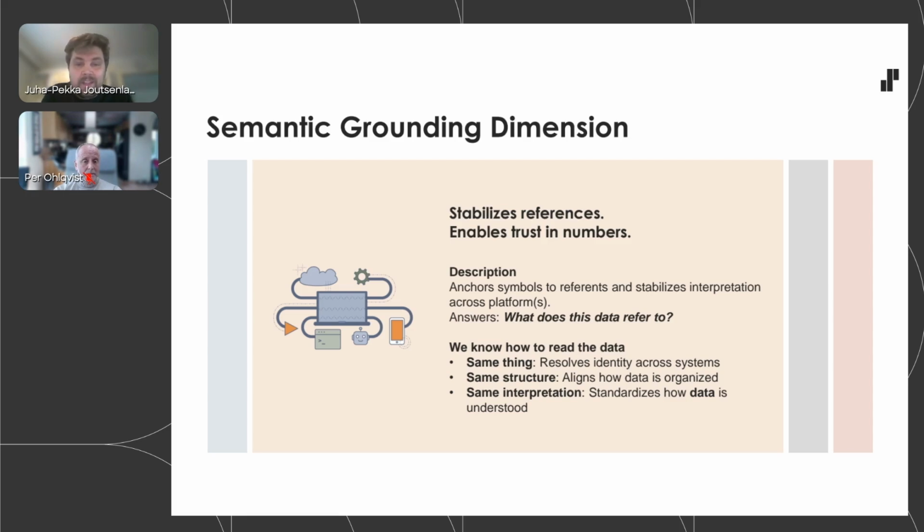Well, this is mainly master data and harmonizing that the same customer ID means the same customer across the platforms. Also organizing and structuring data, so ensuring that our data structure aligns across these different platforms. And also how we are interpreting and understanding data. So standardizing how we understand the data. So how do we define, for example, BI metrics and dimensions?